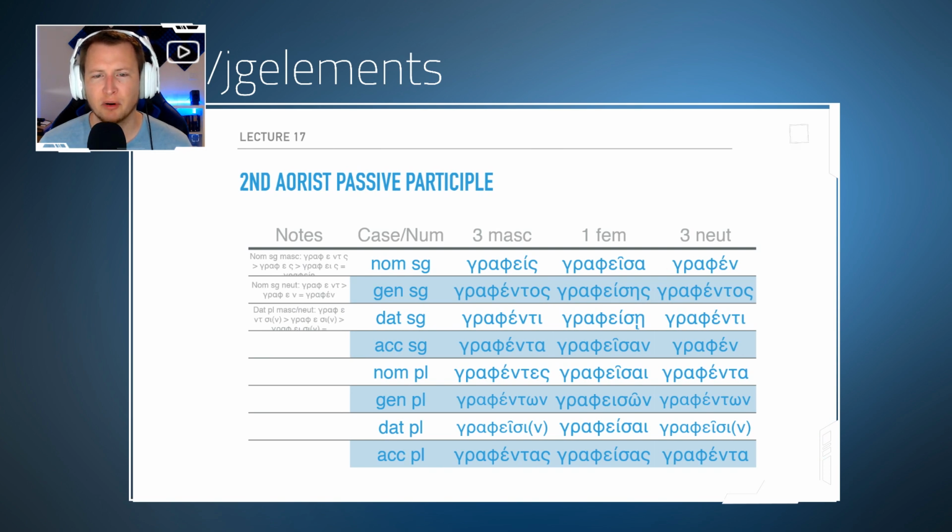Here's an aorist passive participle from grapho. It is written. It's passive in that sense. So you see the stem, graph, and then you see epsilon.